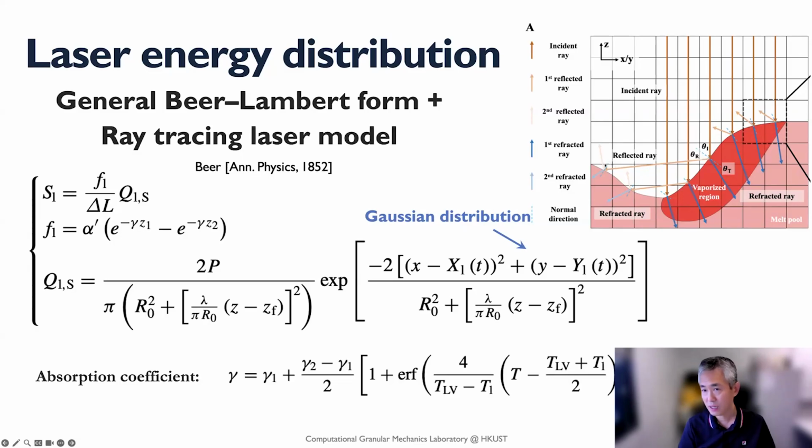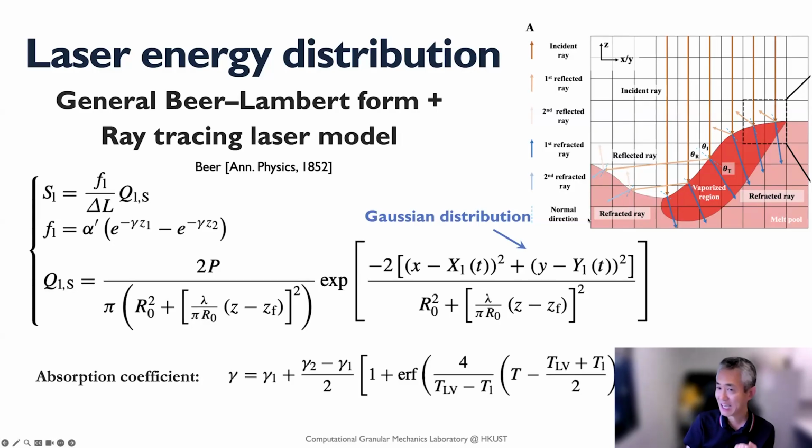This way you can have several partial reflections to other surfaces, and at each reflection you observe energy absorption by the liquid here. You could also get a so-called vaporized region, and you also have a refracted ray, so part of the ray will penetrate through and get refracted here. This is how the laser energy is transferred to the liquid and to the metal pool here, right?